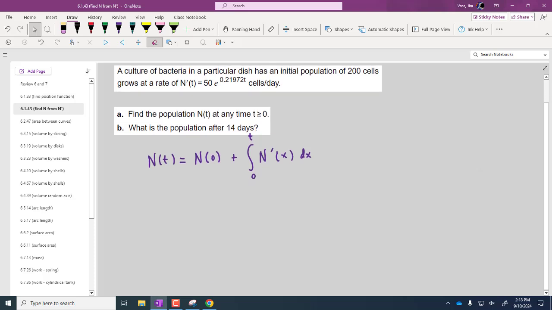So the initial population is 200. So we've got 200 going in for the n sub 0. And then we're going to integrate from 0 to t. This function, the derivative function, the only difference is that we are going to replace that t with an x, so that there's no conflict between the limit of integration and the dummy variable.